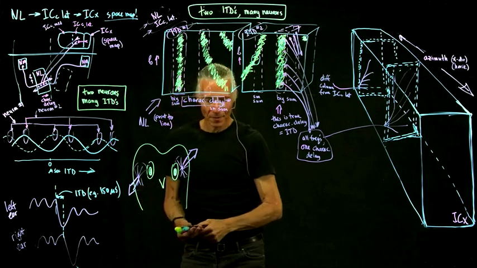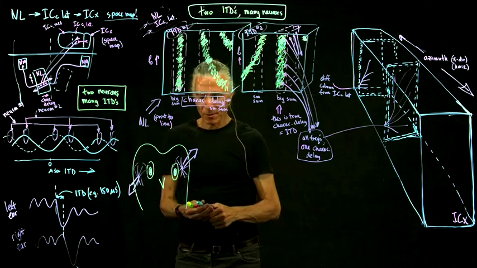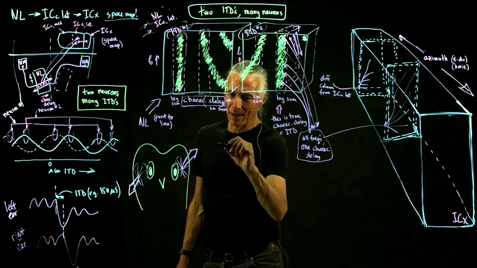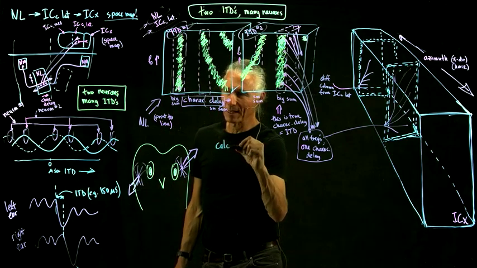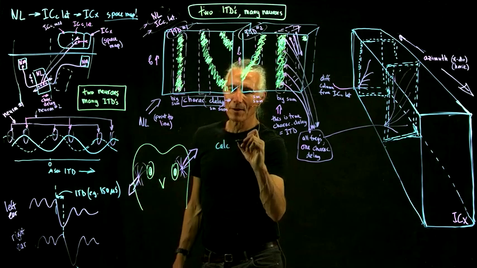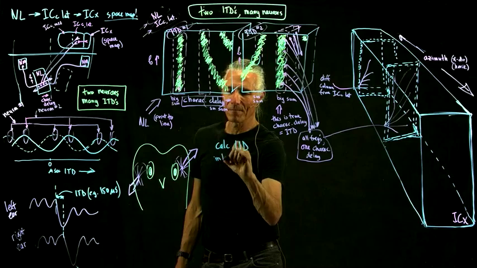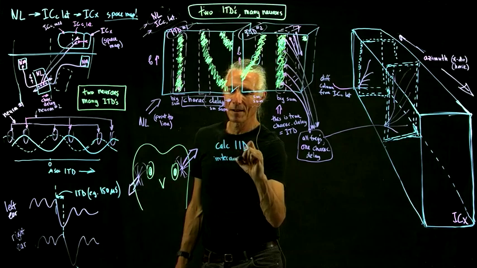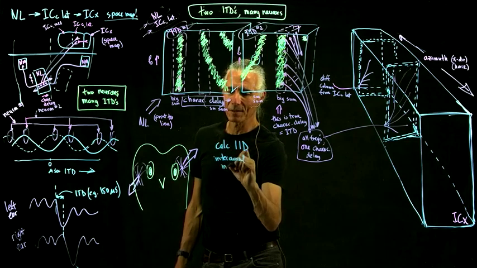And so we've got to do some work, which I didn't describe. The first thing we have to do is calculate the amplitude in each ear, but then you have to calculate the IID, the interaural intensity difference.